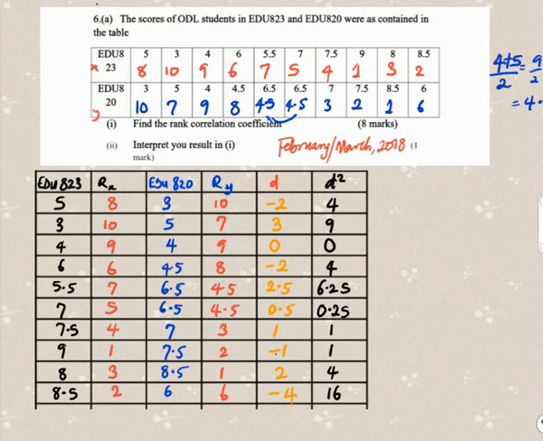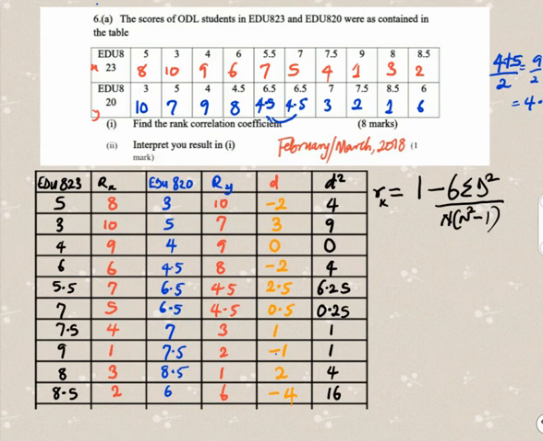We have the rank correlation is equal to 1 minus 6 summation D squared over n into n squared minus 1. Capital letter D or small letter, any one you want to use. So, 1 minus 6 summation d squared over n into n squared minus 1.